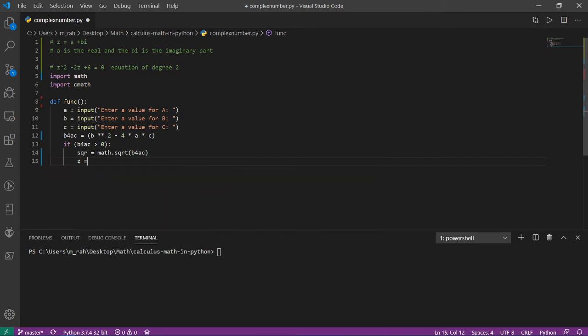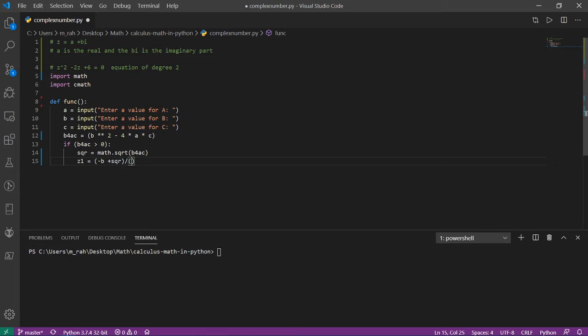So I call set1, and this is going to be minus b plus the square root. I need parentheses, and then we divide that by 2 times a.